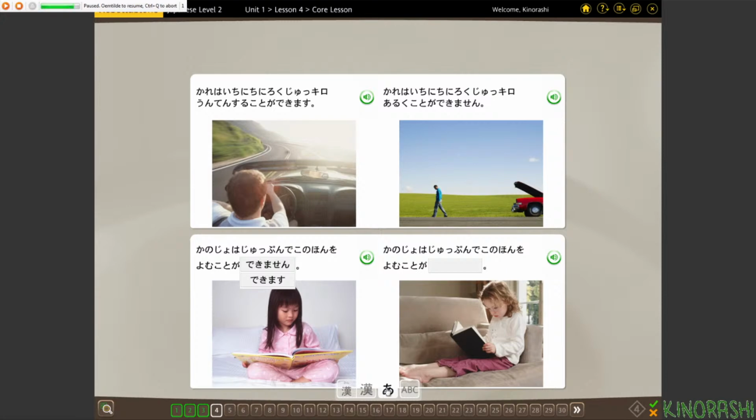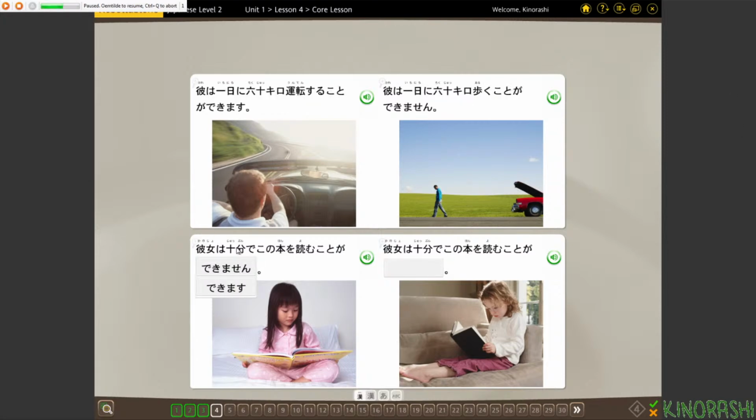Then, この本, there's a noun, を読むことができます。So I see here they use de instead of ni.